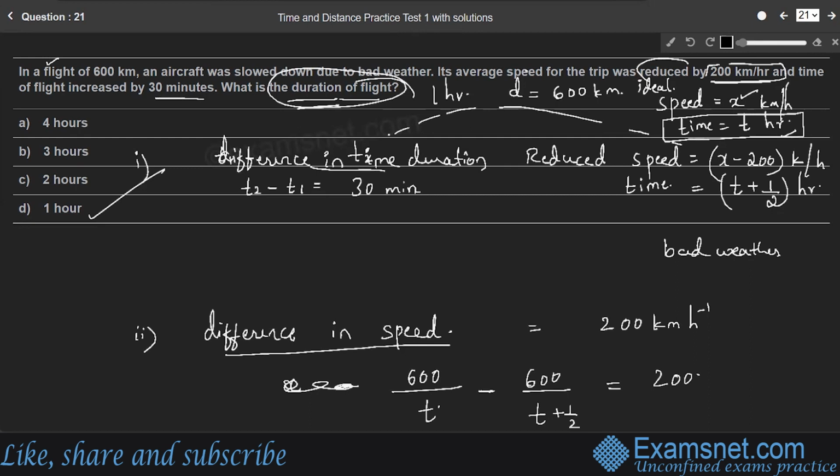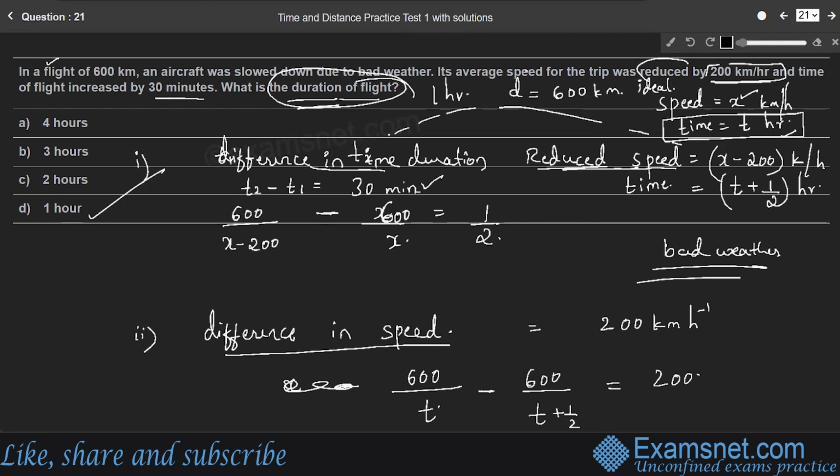According to the formula, distance is 600 kilometers by the respective speed, x minus 200. Due to bad weather there is a reduction in speed, so x minus 200 in the denominator, minus in ideal condition 600 by x, is equal to 30 minutes, which in hours is half an hour.